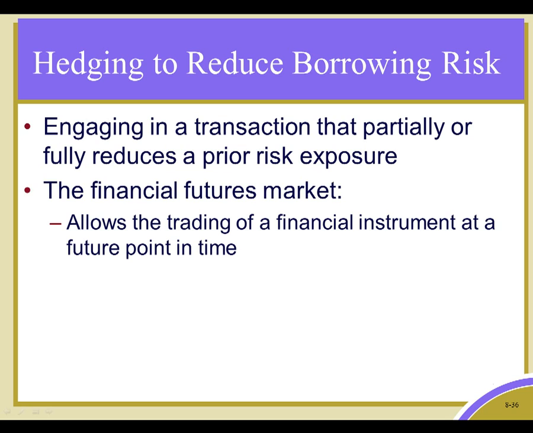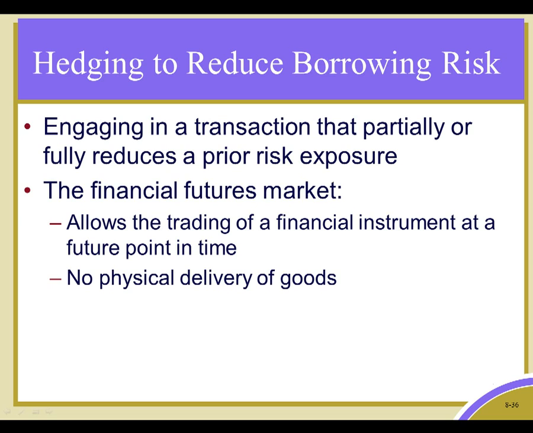So the financial futures market allows for the trading of financial instruments as of some future point in time, hence the name future. For financial futures, there's no actual delivery.